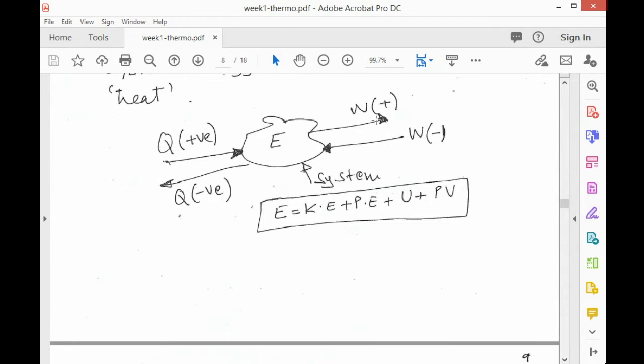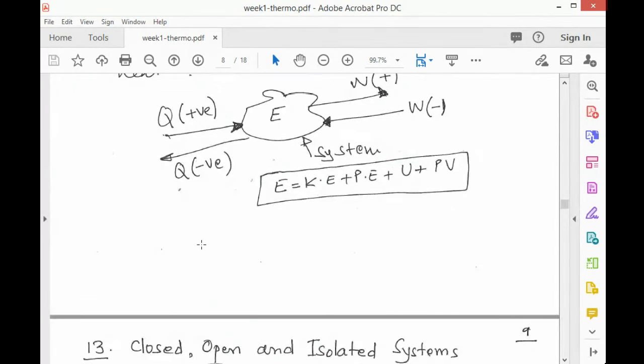When energy comes out, it only comes out as work or heat, and when it goes in, it goes in only as work or heat. Remember this, the most important difference.